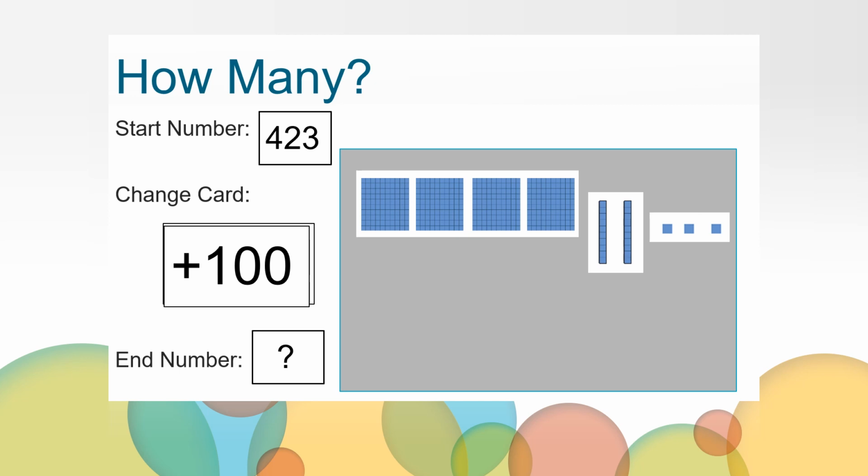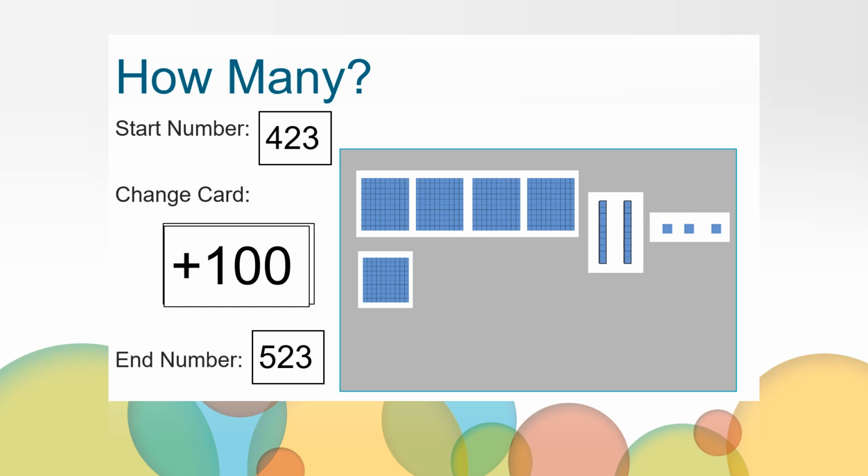Let's check our work. If we add 1 hundreds flat, our new number will be 523. Did you think about what would change and what would stay the same? That's right. The 5 in the hundreds place is a change because we went from 4 hundreds to having 5 hundreds.